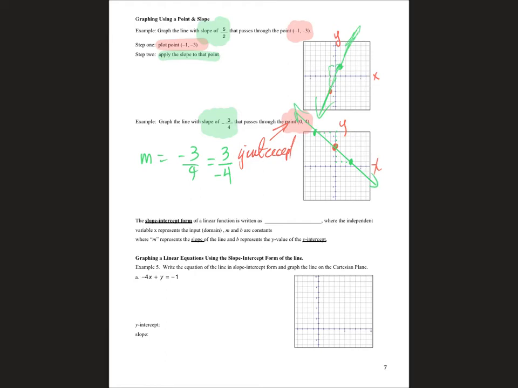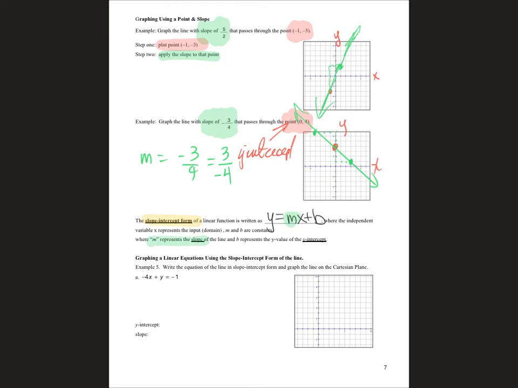I'm curious, do you know how to write the equation of that line? Well, if you know what is known as the slope-intercept form of a line, I can write it as y equals mx plus b. Now, what does all that mean? The m is just the slope.